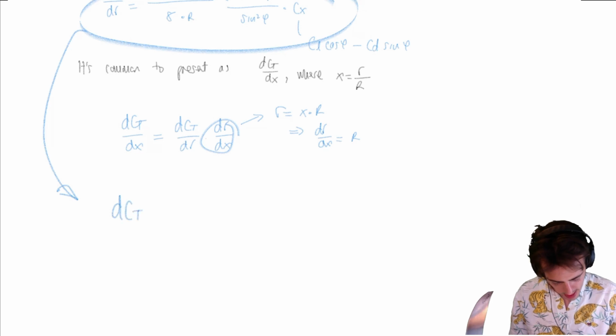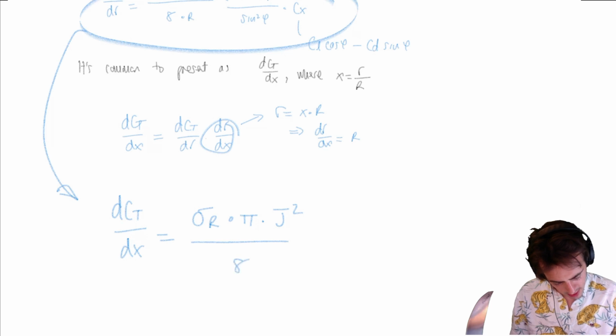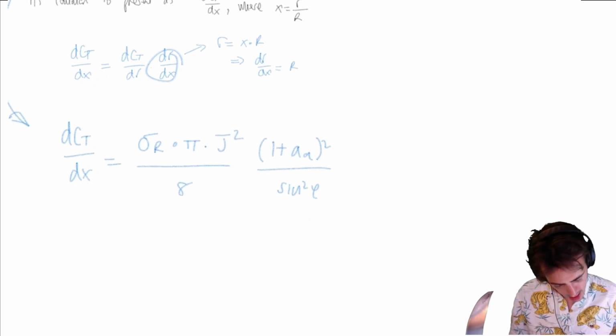So dCT on dx is equal to sigma r multiplied by pi multiplied by J squared divided by 8 multiplied by 1 plus a_a squared divided by sine squared phi, and I'm going to expand my force term here.